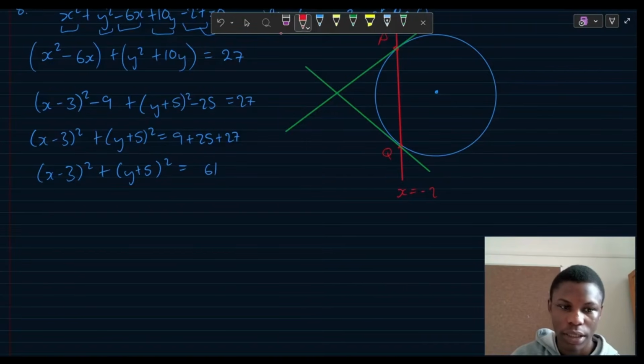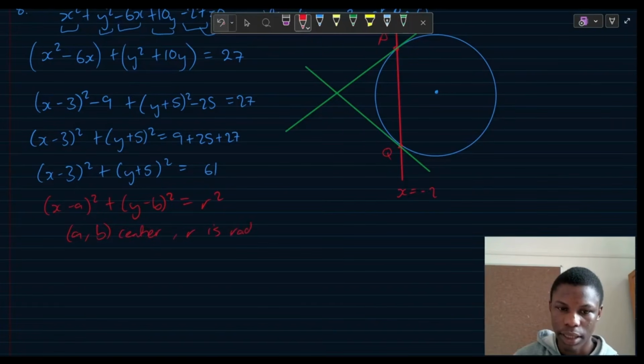Remember that the equation of a circle is of the form x minus a squared plus y minus b squared is equal to r squared, where a, b are the coordinates of the center, and r is your radius.